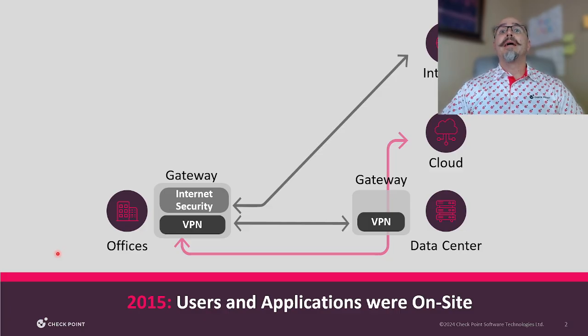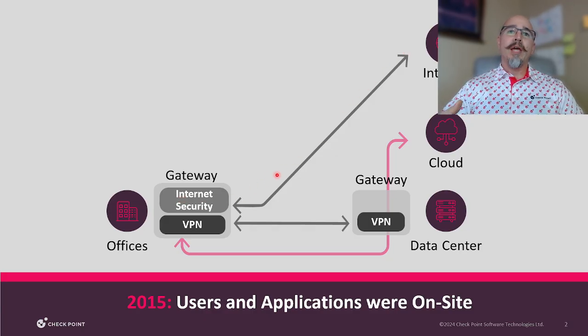Back in the day, 10 years ago or more, the network was very simple. Everybody went to the office. You remember that? The office days, right? The office had its own security, its own gateway, its own internet connection. Internet traffic was sent directly to the internet.